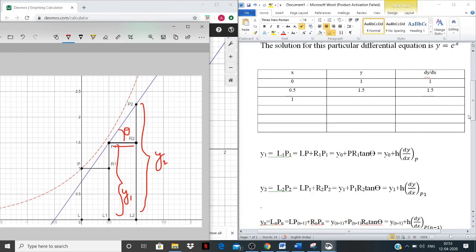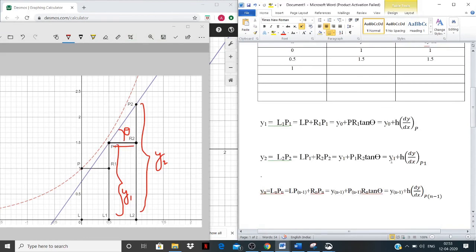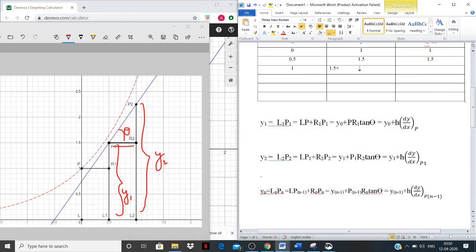Using this formula, the value of y2 will be y1, which is 1.5, plus h, which is 0.5, multiplied by dy by dx at P1, that is 1.5.